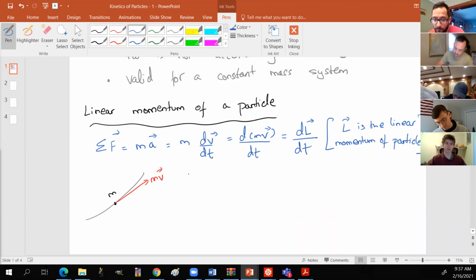Talking about linear momentum, you get the concept of the conservation of linear momentum.